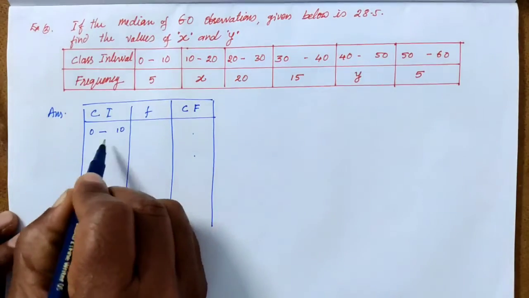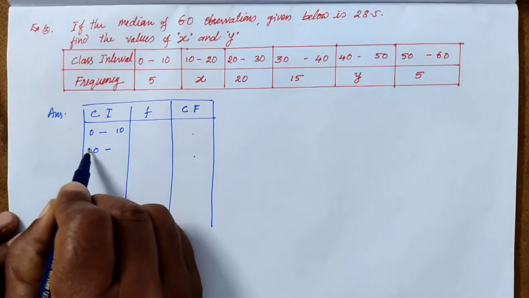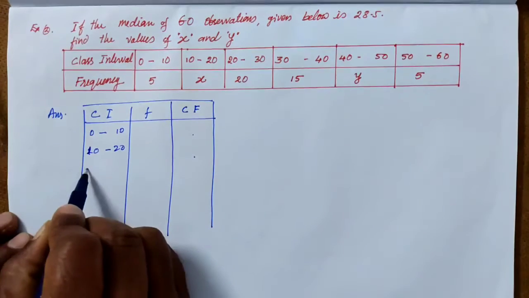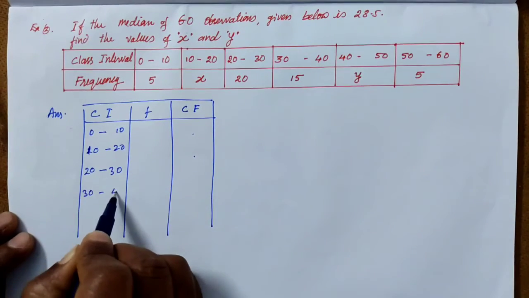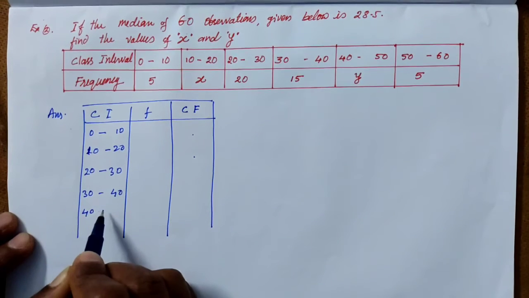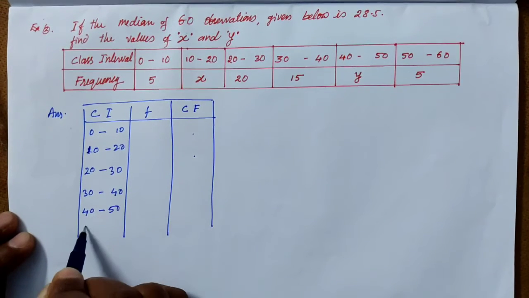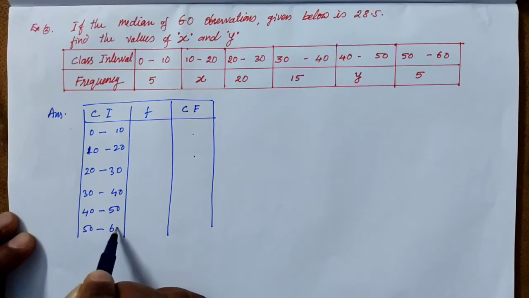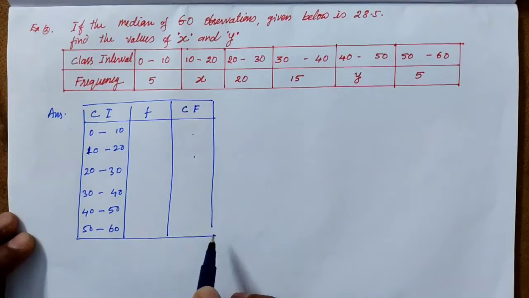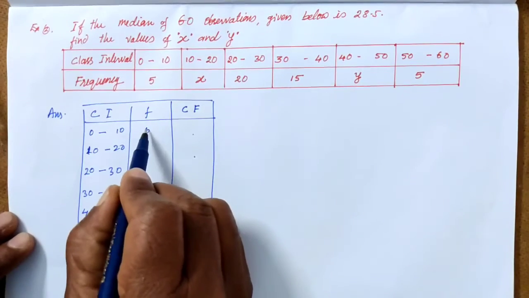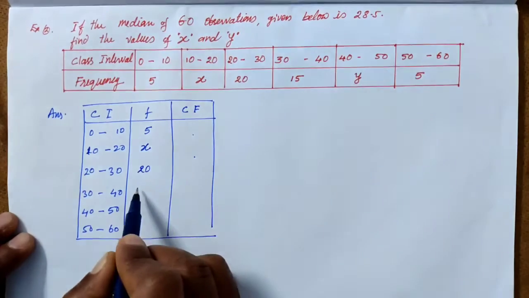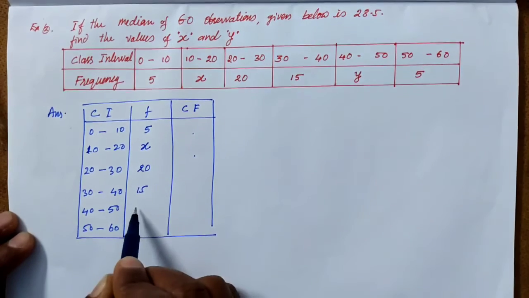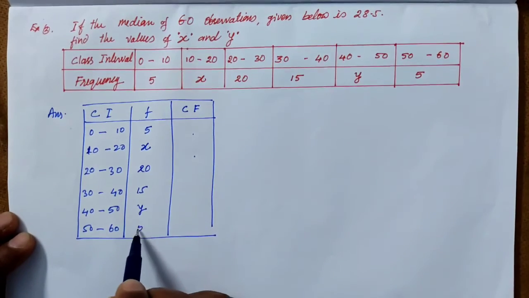The class intervals are 0 to 10, 10 to 20, 20 to 30, 30 to 40, 40 to 50 and 50 to 60. The frequencies are 5, x, 20, 15, y, and 5.